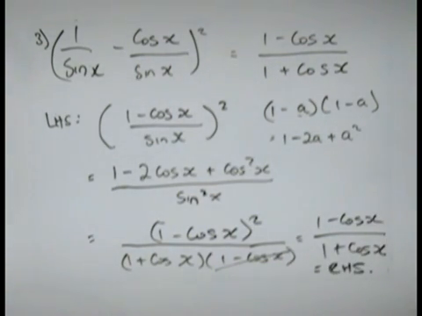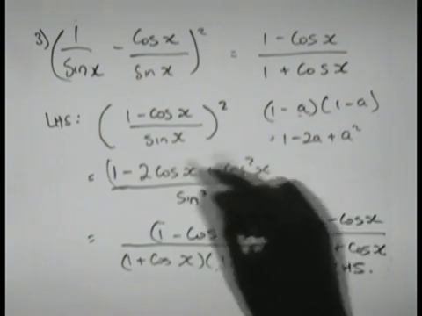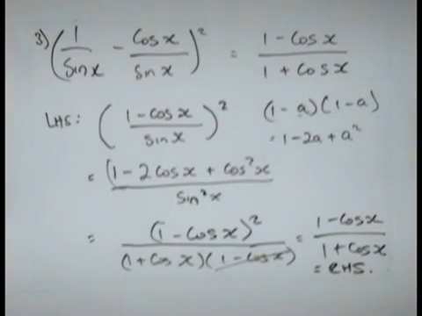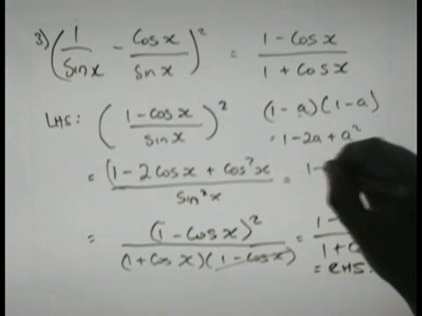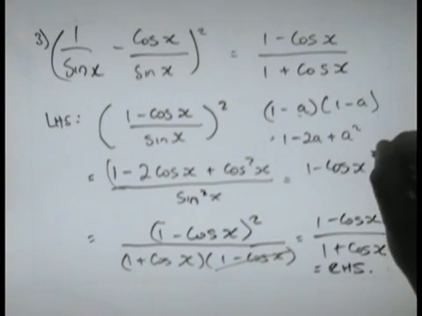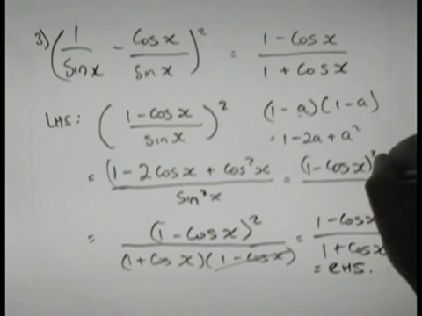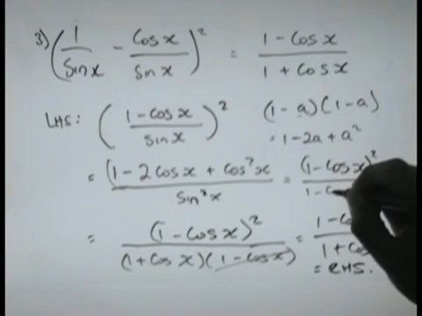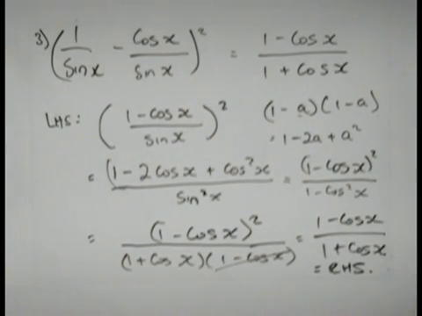I had to do that here, and in the example I did, this top step was totally irrelevant. I could have just left it as (1 minus cos x) all squared over sine squared x. Use your imagination, be creative. You don't have to follow; there is no one way of doing it.